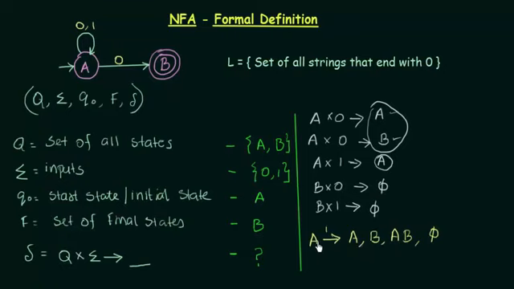So A on getting a certain input has these four possibilities. It could either go to A, B, AB, or phi. So there are four possibilities.